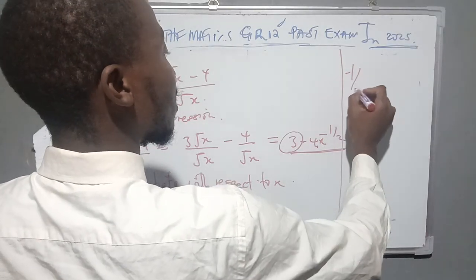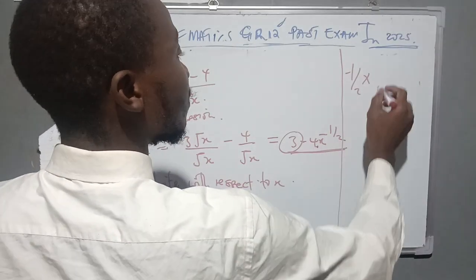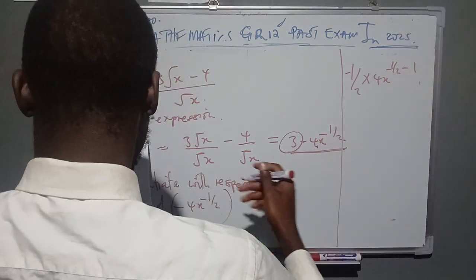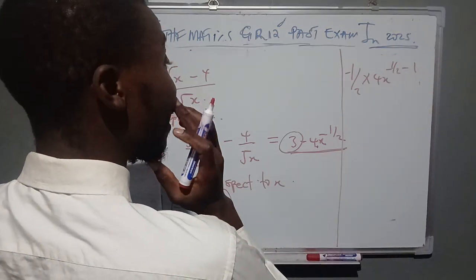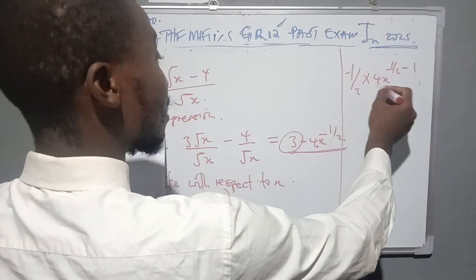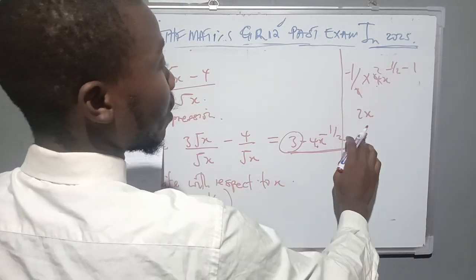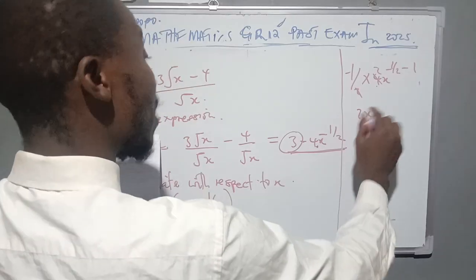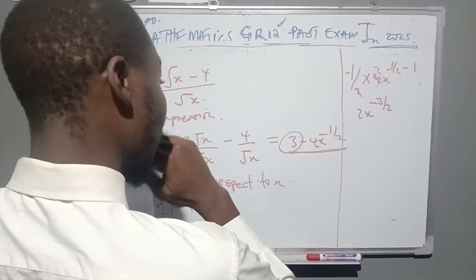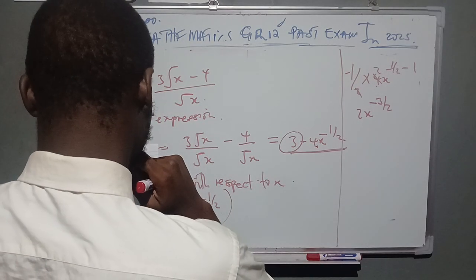So if you say minus half times 4x to the power minus half minus 1, what are we going to get? When you say minus half, we're going to get 2x, because 2 into 4 is 2, so we're going to get 2x to the power negative 3 over 2, right? Minus half minus 1 gives us negative 3 over 2.